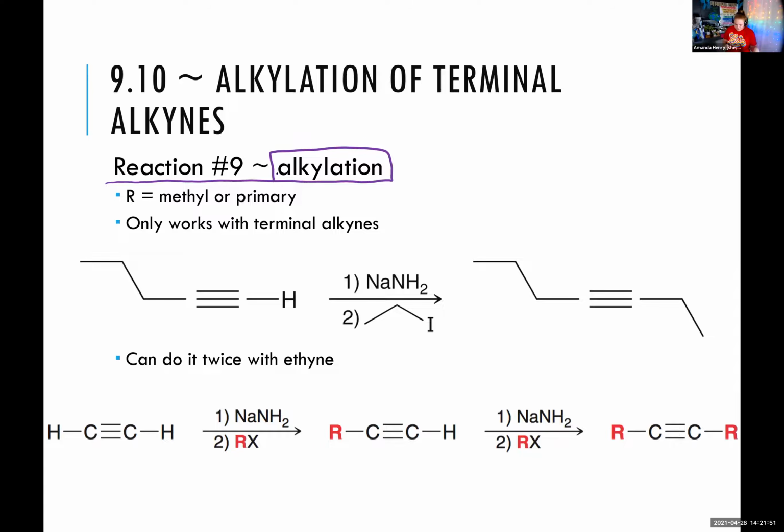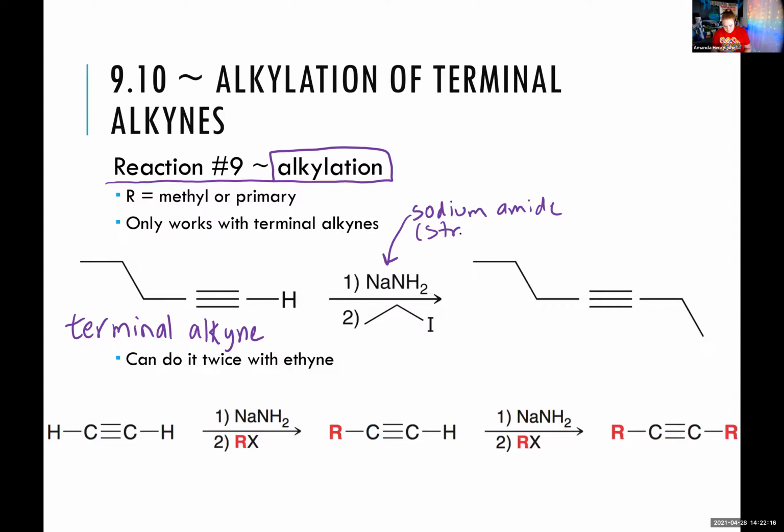So here's our reaction. We're going to start with a terminal alkyne, and it does have to be terminal. We are going to react it with sodium amide. So we talked about this reagent at the beginning of the chapter.